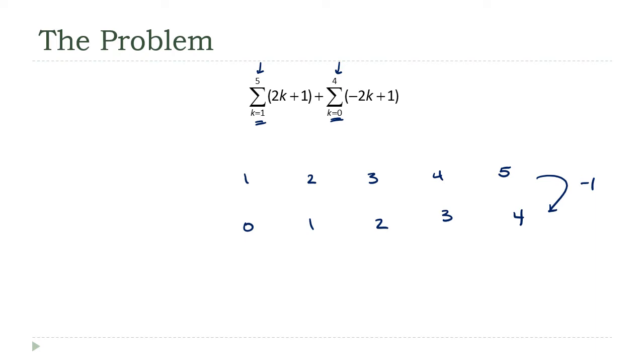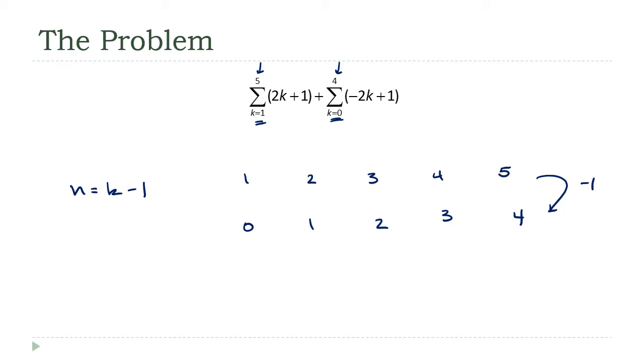All right, well, to make that happen, I'm going to define a new variable, n, that's equal to k minus 1. And then where k starts at 1, n starts at 0, and where k ends at 5, n ends at 4, which exactly matches what the other series is doing.